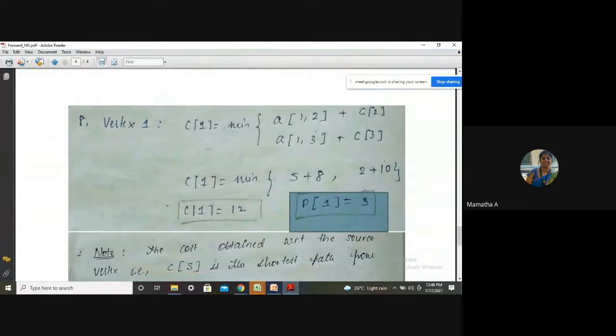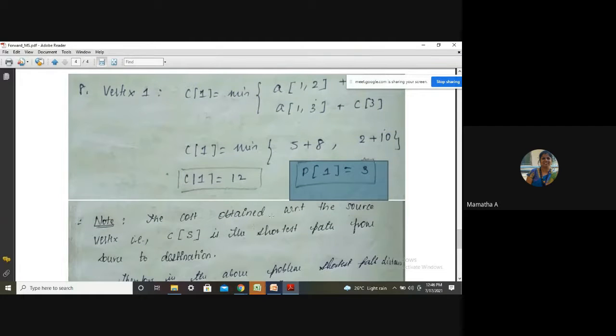Source node. And in my example, the source node is 1. So the cost of the minimum path obtained with respect to the source vertex, that is C of S, is the shortest path from source to the destination.